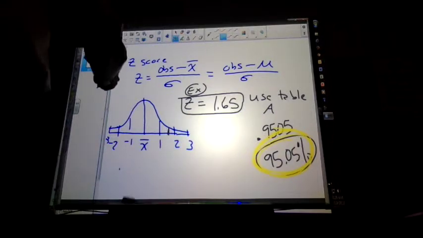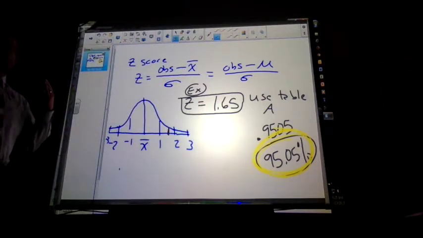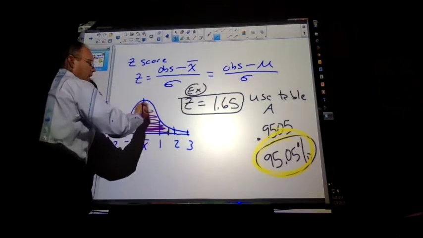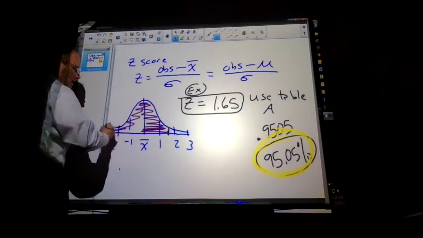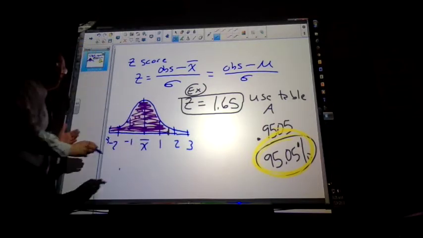All right, so now, this 95% is the area under this. That 95% is all of that region.